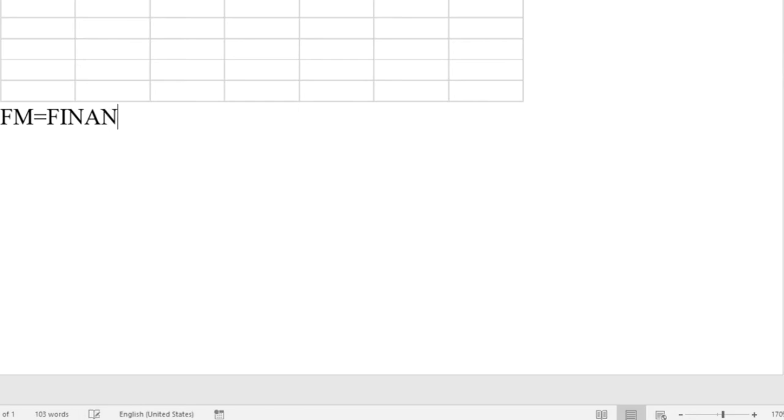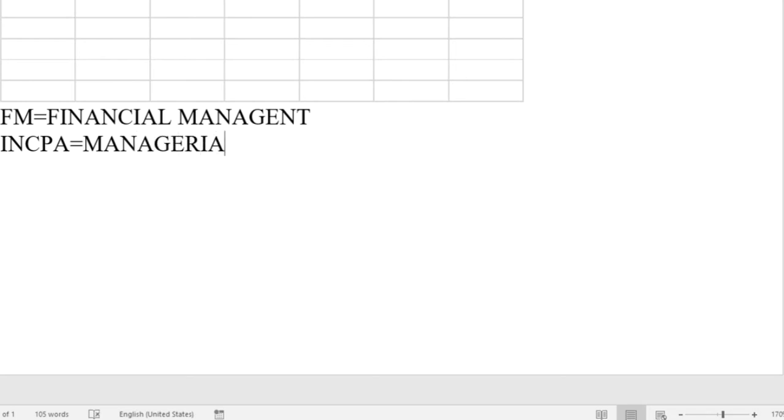FM is equal to financial management, or in CPA we call it managerial finance.